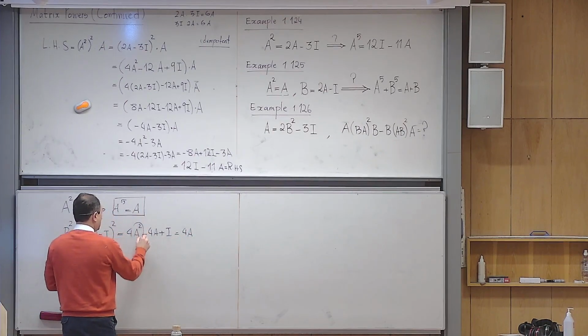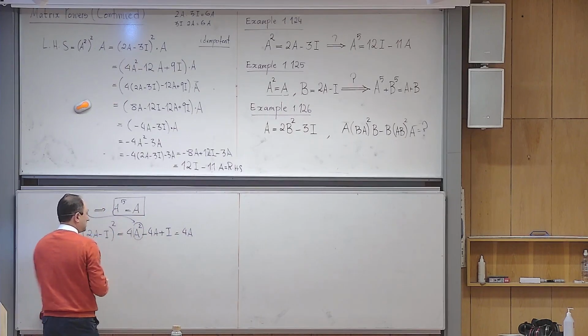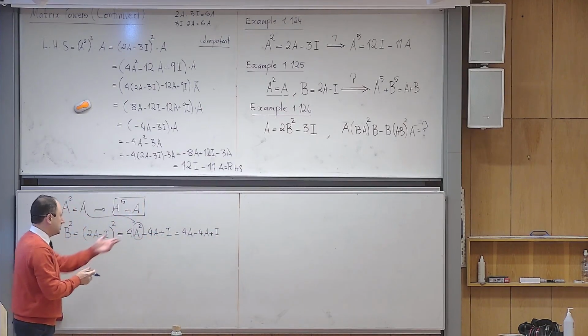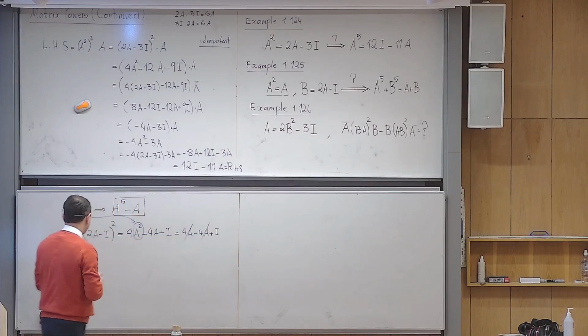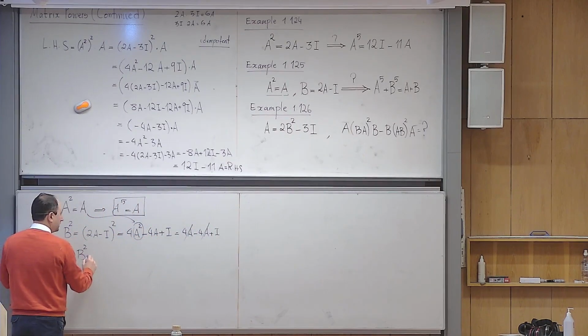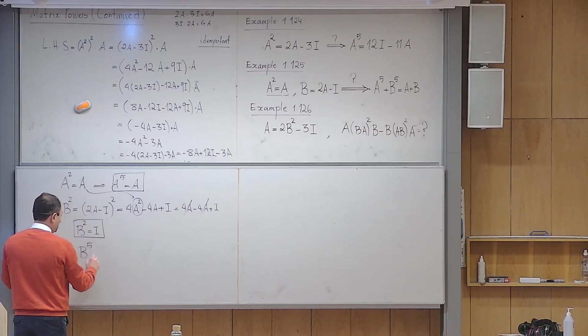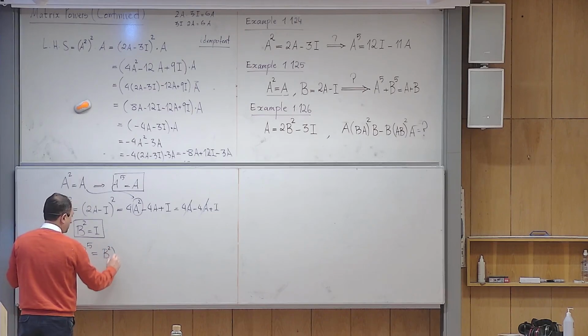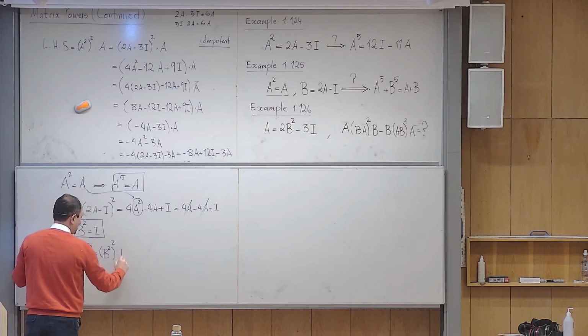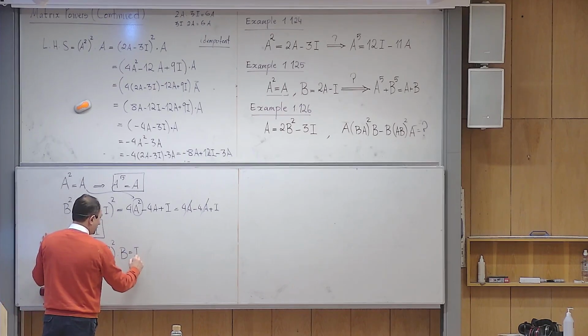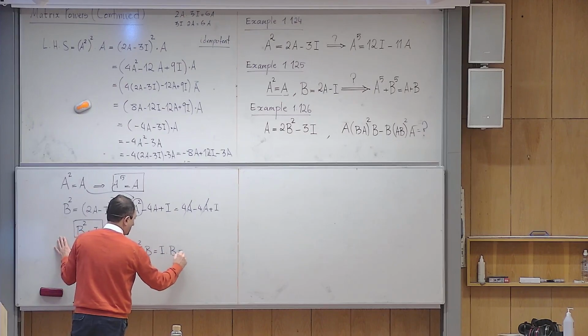Instead of this A squared, I put A in, and then I have minus 4A, and then I have plus I. But this 4A and 4A cancel, so what I get is that B squared is simply I. And then I want to calculate B to the power 5, so as Robert mentioned, B to the power 5 can be written as B squared to the power 2 multiplied by B. But B squared is I, so this becomes I squared times B, and then it becomes I times B, and it becomes B.